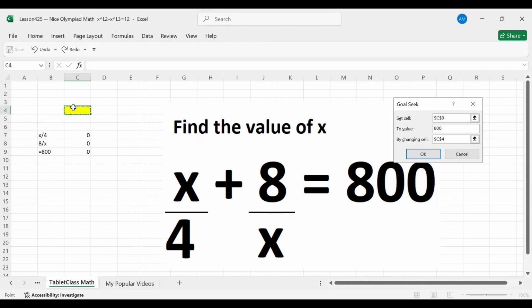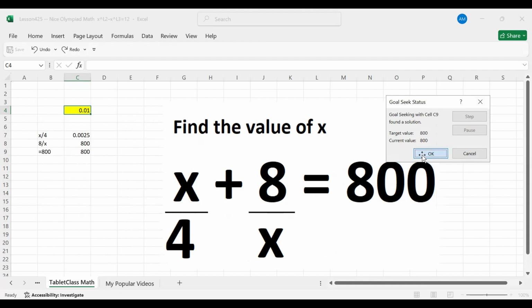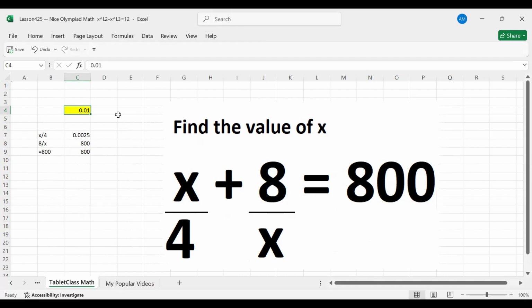We are telling Goal Seek to keep changing the value of x until we get 800 as a result of this equation. We click OK. So this is the answer. Goal Seek says the value of x should be 0.01 if you want 800 to be the target value of the solution of this equation.